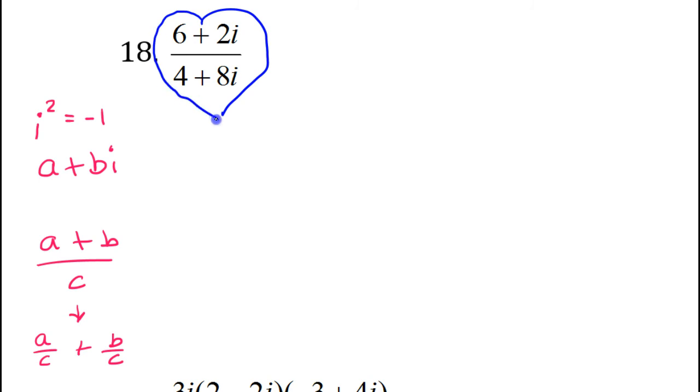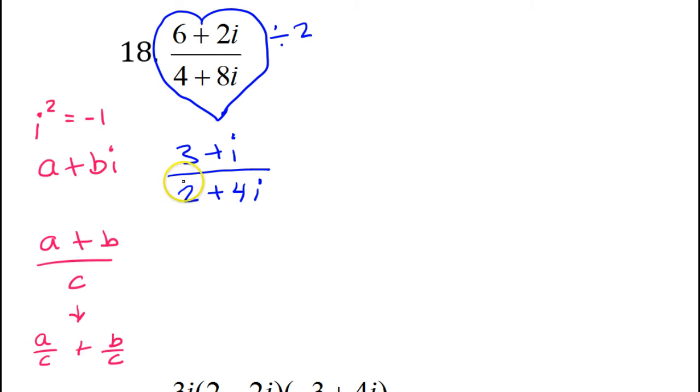Whenever that happens, you really should go ahead and simplify that before you even get started. So let's divide everything by 2. That's going to give us 3 plus i over 2 plus 4i.